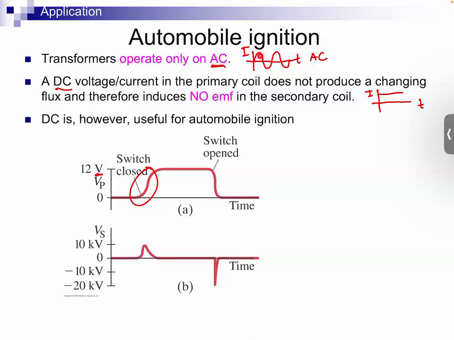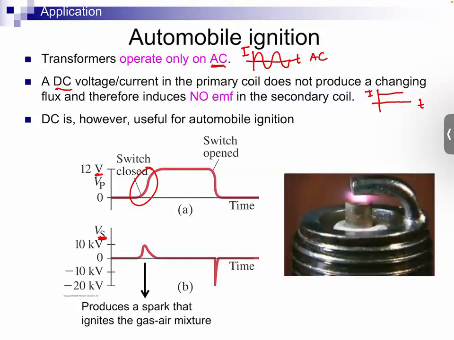As we said, if the magnitude of the current changes, that induces a current in the secondary coil. So in the secondary coil of your car's transformer, you create an induced voltage and an induced current. And that induced voltage then creates a spark that ignites the gas mixture in the car.